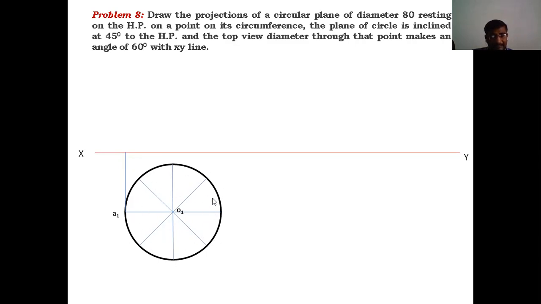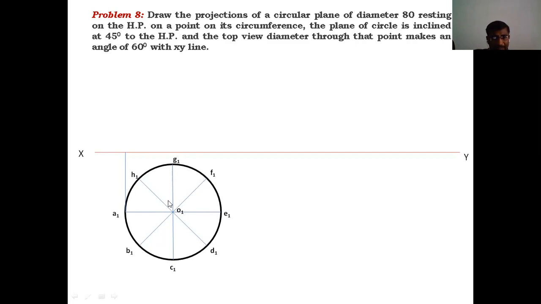After dividing the circle into 8 equal parts, locate the points on the circumference as B1, C1, D1, E1, F1, G1, and H1. These are the points on the circumference, 8 points in total.